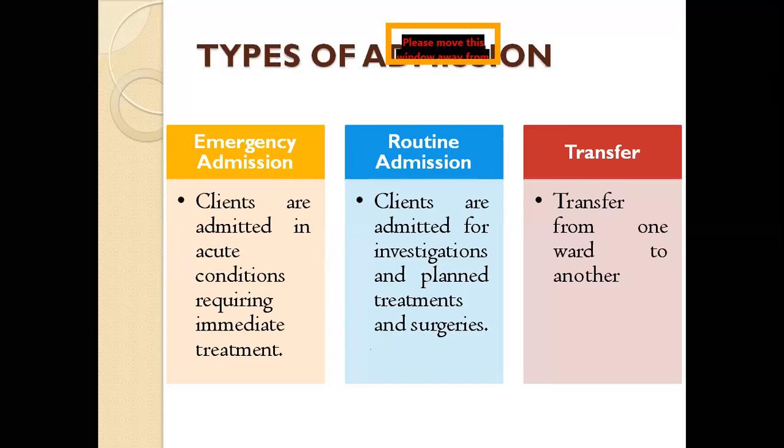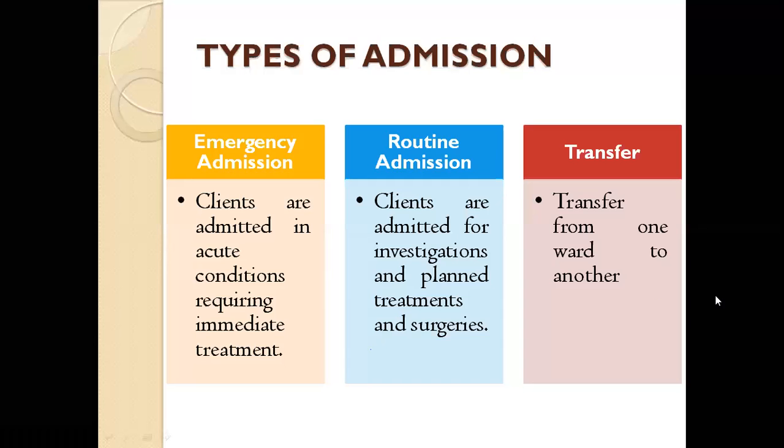Any disease condition that requires emergency admission? Accident, ma'am. Yes, very good. Accidents are the most common emergency admission, and there might be other health conditions like heart attack. In those cases, we need emergency admission.